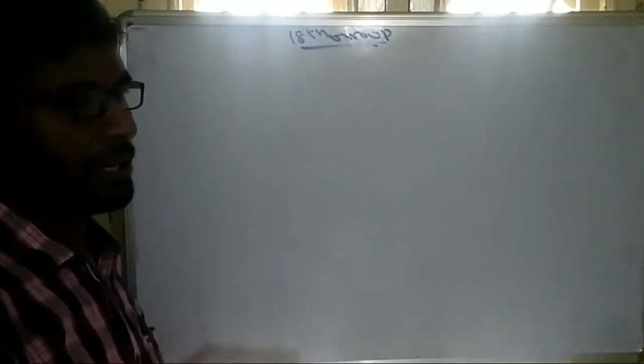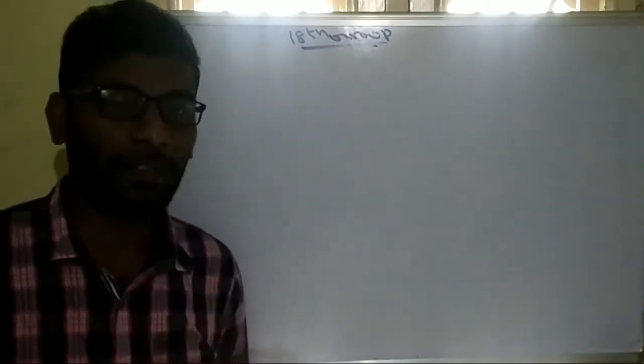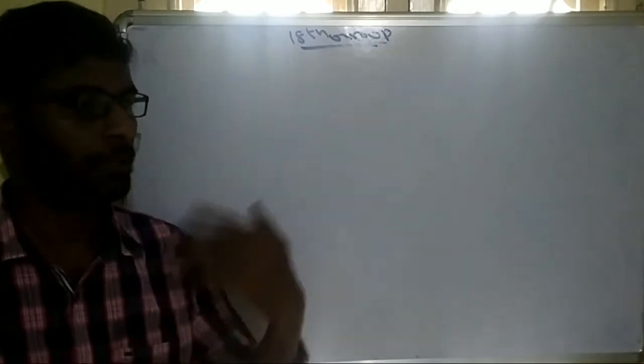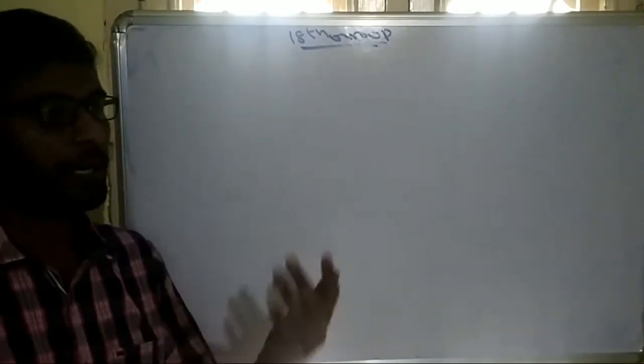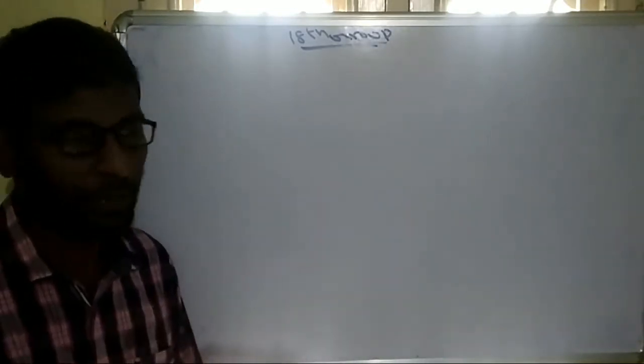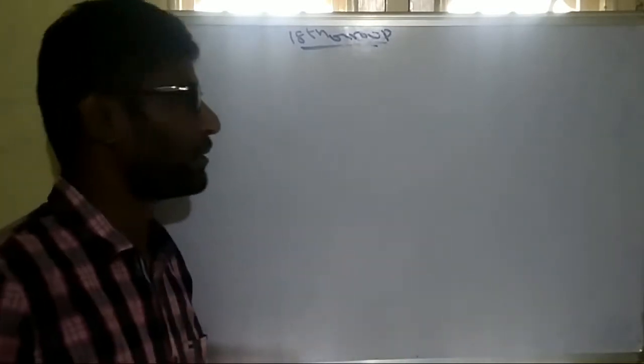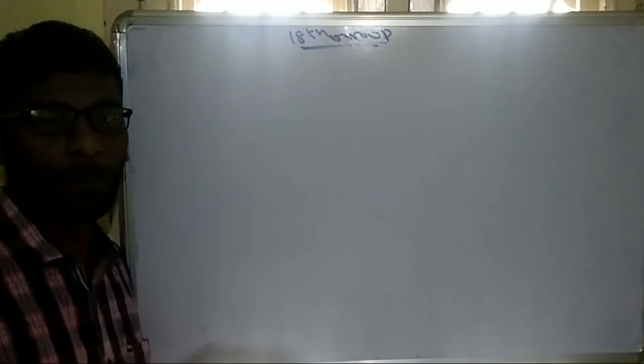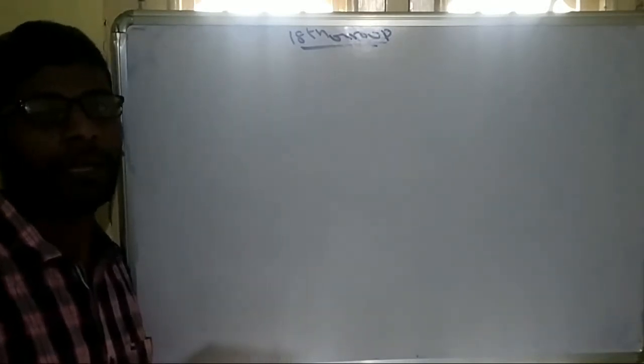After the 16th and 17th groups, the next one is the 18th group elements. We all know that 18th group elements are called noble gases or inert gases, also called zero group elements since their valency is 0. All these noble gases are monoatomic in nature.